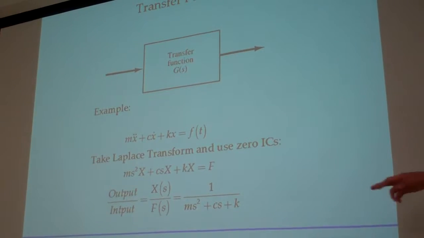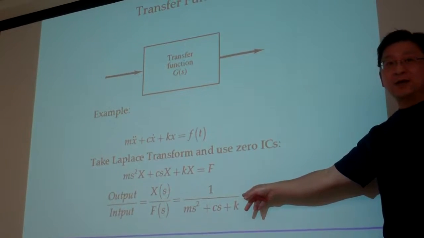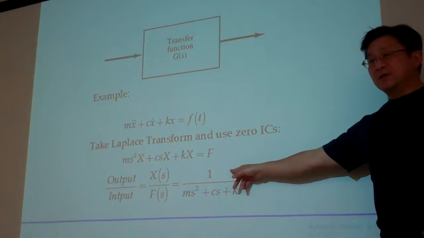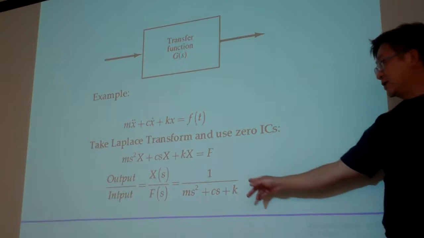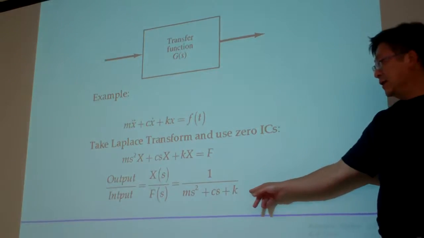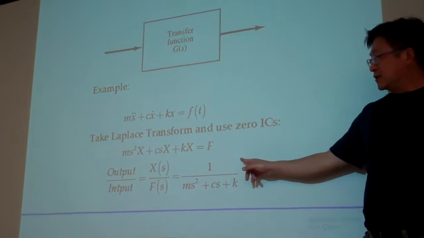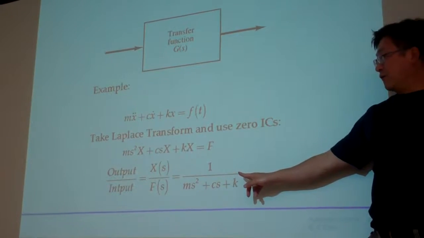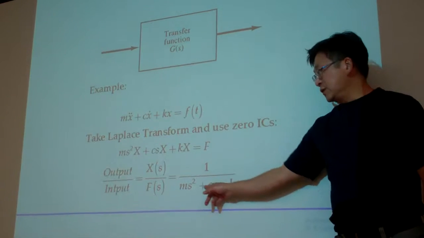Basically that fits into this template. In this case there is no zero, so you simply answer none. And for poles, you simply solve for the roots of these.